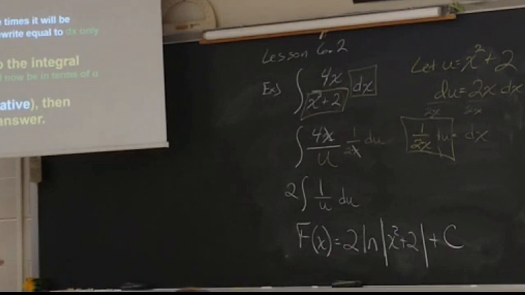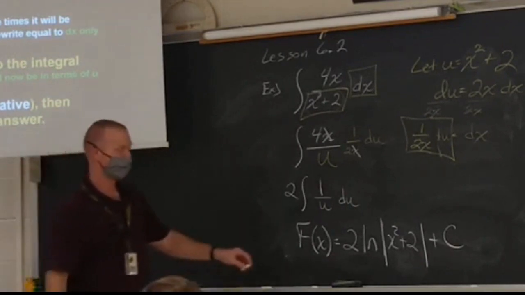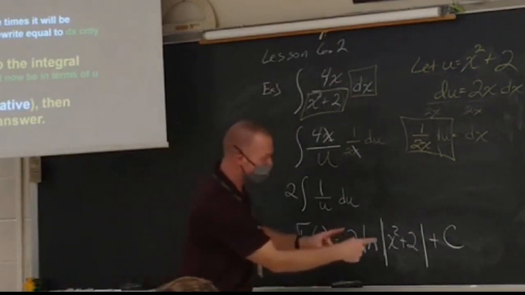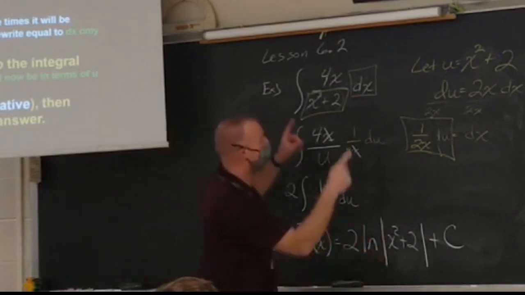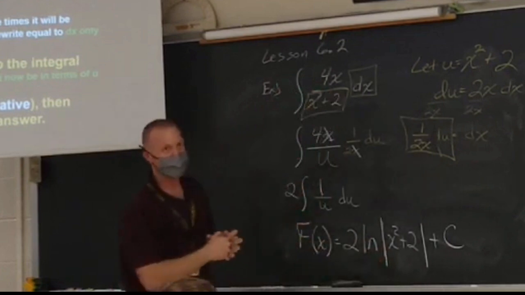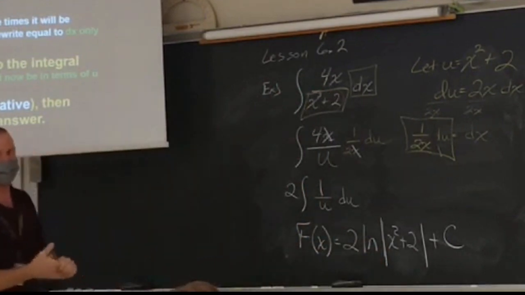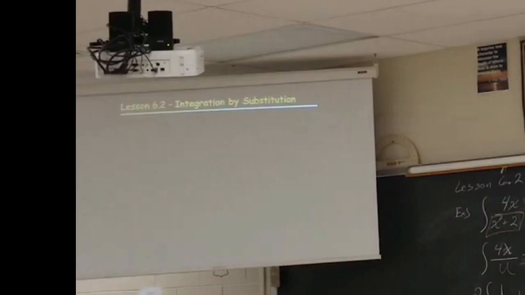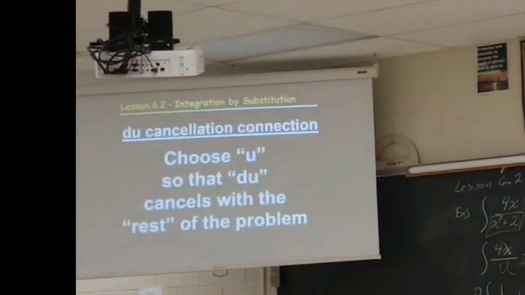You just did the chain rule backwards. If you do the chain rule forwards, you would do the derivative of this, and you would see that it's going to turn into that. But we just did the chain rule backwards. It's called substitution. I kind of want to start with this tomorrow, but that means I can still show it to you today.